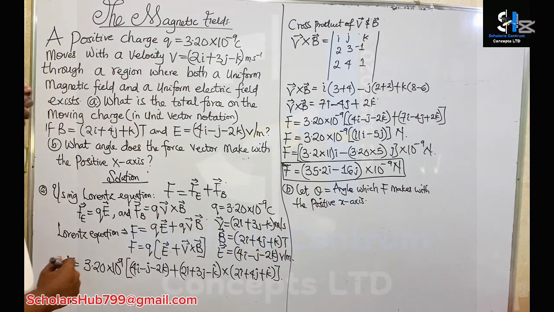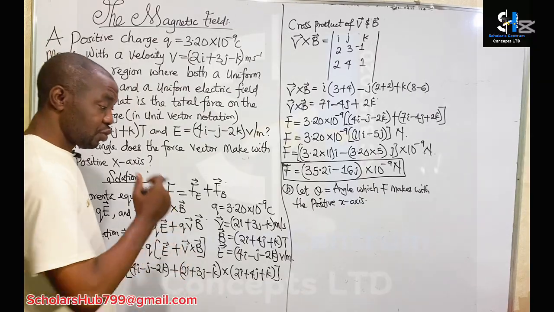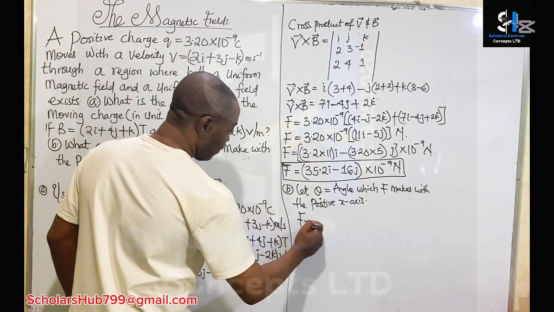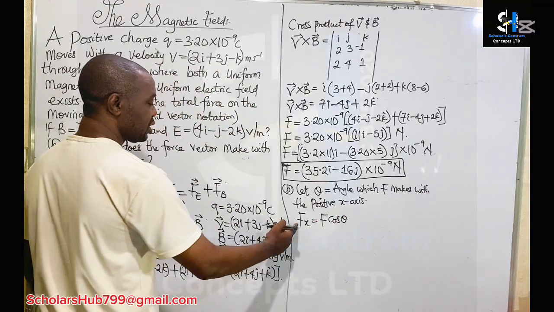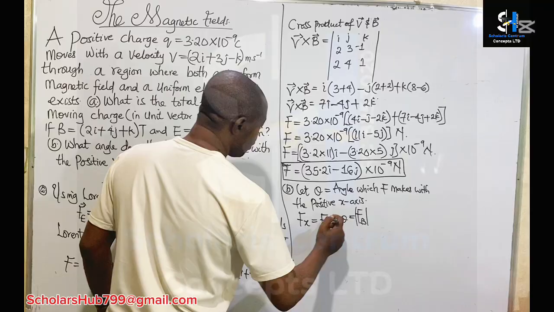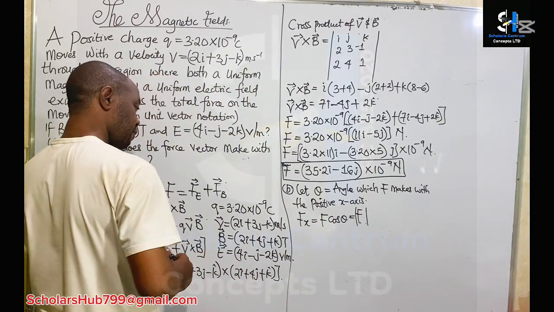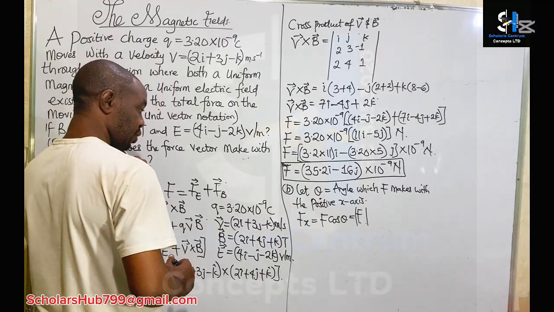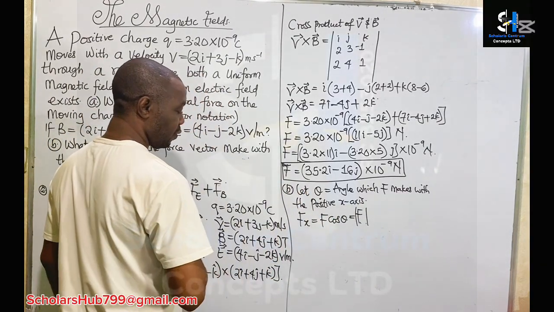To be able to calculate the angle it makes with the positive x-axis, that means the horizontal component of the force, that will be F of x equals F cos theta. So this F of x will be equal to the magnitude of the total force.